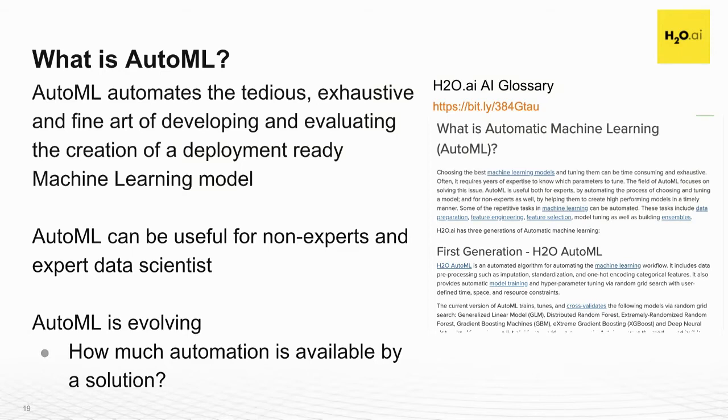And we talked about how this can be iterative. And then there's a lot of knowledge, that fine art of understanding what you can do, which algorithms you should apply, what hyperparameters you should leverage, do you want to ensemble or not, and the whole aspect around feature engineering, right? And AutoML is something that can be leveraged by both non-experts and experts, right?